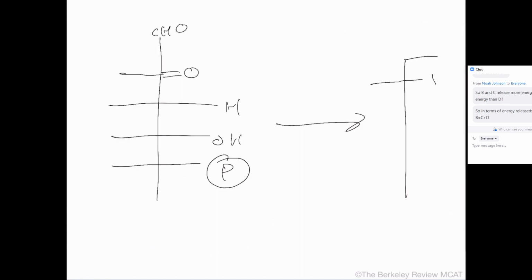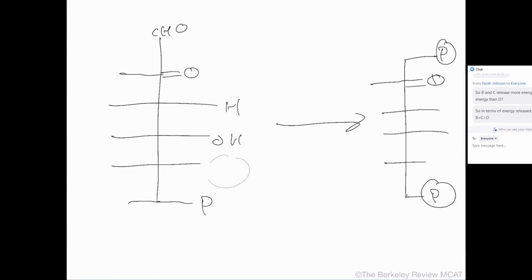you get a phosphate group added here, and here's your double bond O still. I'm just drawing this very rudimentary. And you have a phosphate group down here at the bottom. You're adding a phosphate group. Are you with me? You have to use an ATP to add a phosphate and you get an ADP.